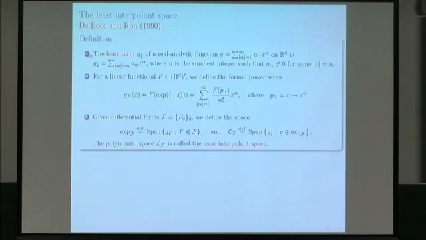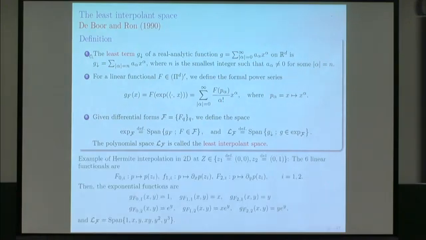Given any set of functionals, you can define this exponential space, and the least interpolant space is then the span of the least terms of the elements in the exponential space.